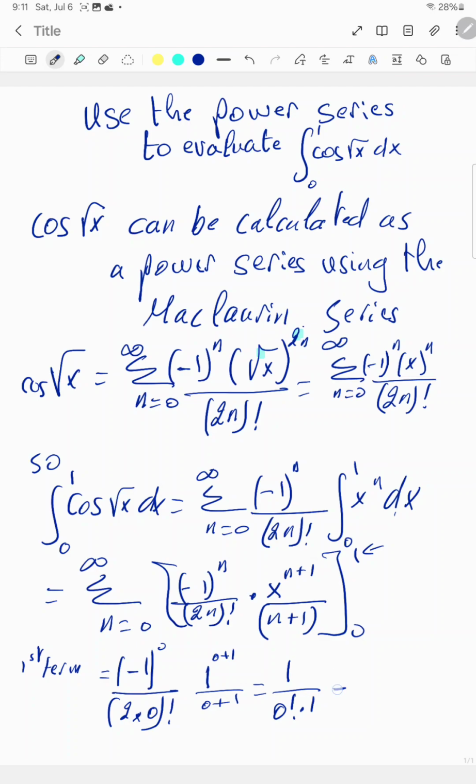So that's from where this minus came from. And then if you replace n by 1, you will have this 1 to the power of 2, 2 factorial times 2. The third term becomes 1 to the power of 3, 4 factorial times 3, etc.